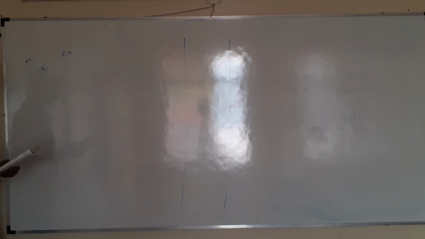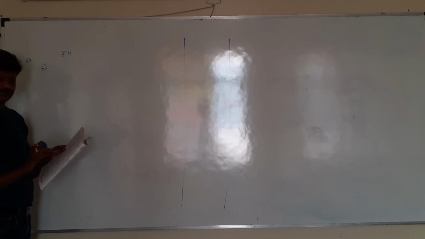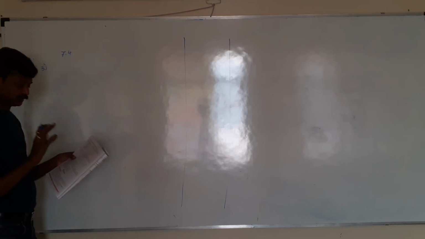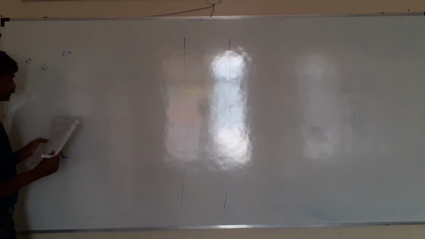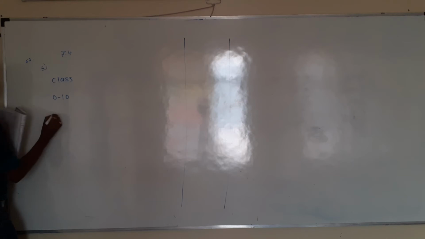So first the classes. I will not write the data here now. I will go through the textbook one by one as you are solving it. So the first requirement is classes. As per the question, 0 to 10 will be the first class.